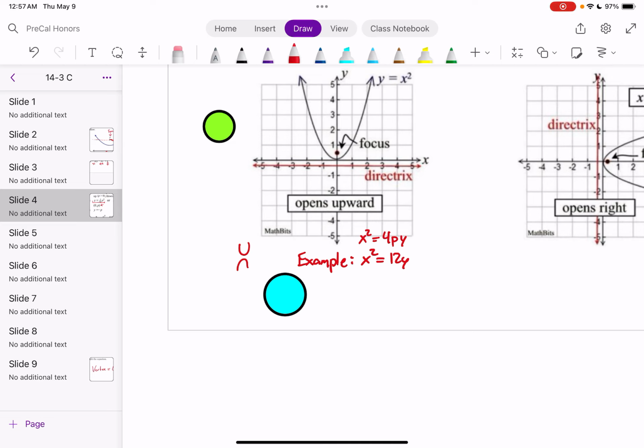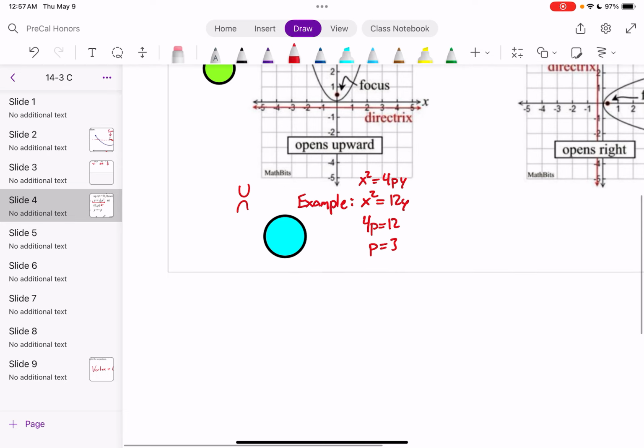What we're going to do is solve for p. So in this case, 4p is equal to 12, which means p is equal to 3. Because p is equal to 3, this tells us that our equation would actually be facing upward. So this would be up. From there, we're also able to figure out what our focus would be.